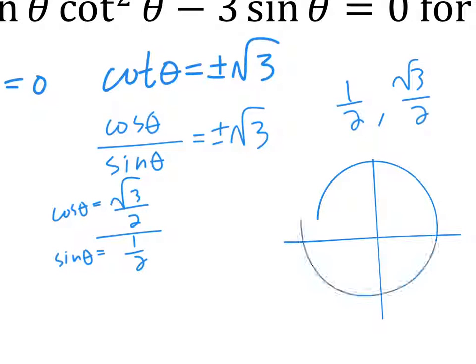So cosine is square root 3 over 2. Sine is 1/2. Well, there's another place for a positive number, right? What's another place for a positive cosine and sine? Or it turns out to be both positive.